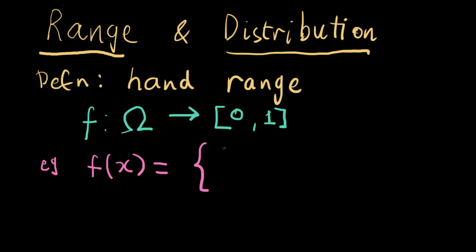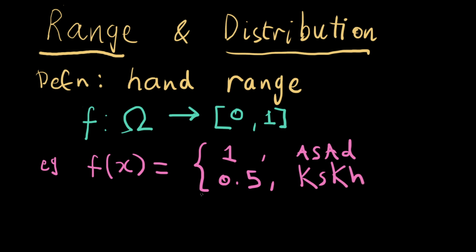It is 1 when we've got ace of spades, ace of diamonds, 0.5 when we've got king of spades, king of hearts, and let's say 0 otherwise.